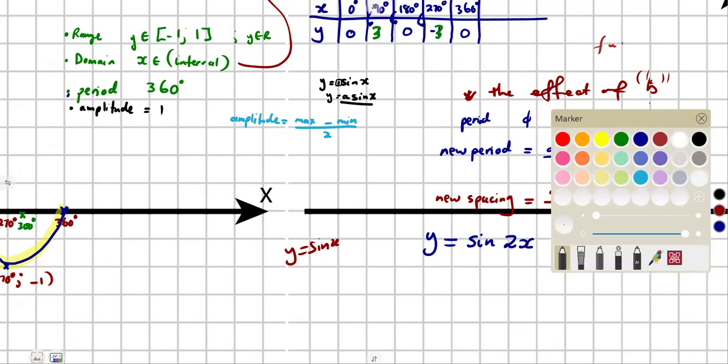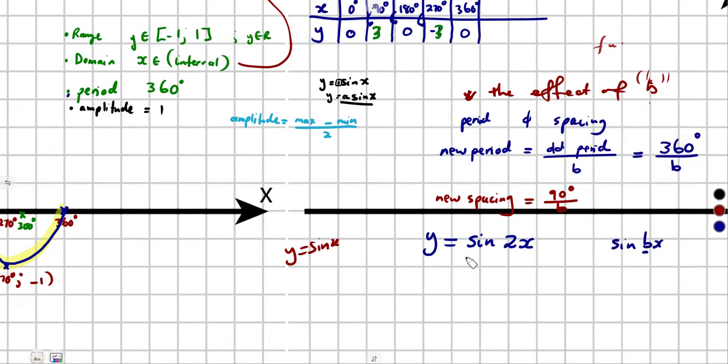It means for the graph of y is equal to sine 2x, its period is going to be affected. We are going to have the new period, which is the old period from the graph of sine of x. Its old period is 360, so that's 360 degrees over b.